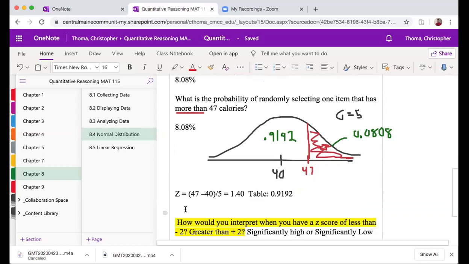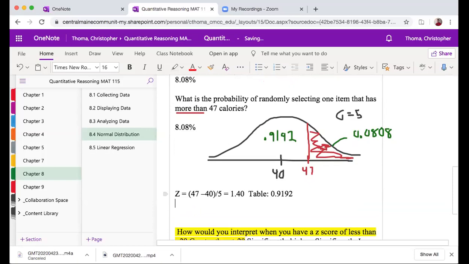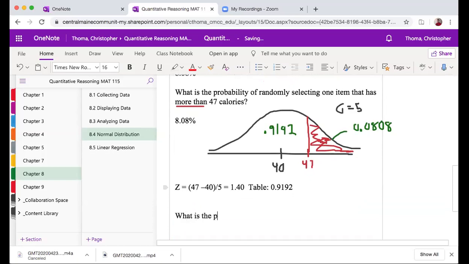So if we do one more, then we'll probably quit with normal distribution because there's not much more to it than this. Back to my highlighter. I got too close to my other paragraph. What is the probability of randomly selecting one item, because if we pick more than one item, it's a whole new thing.